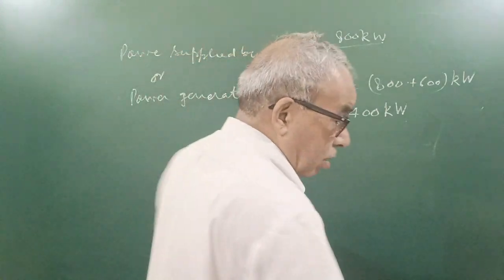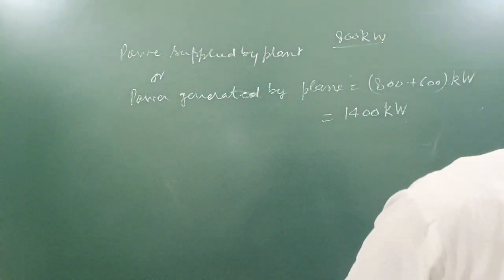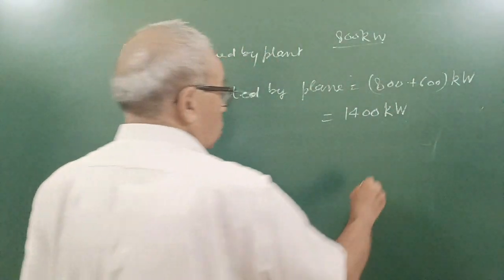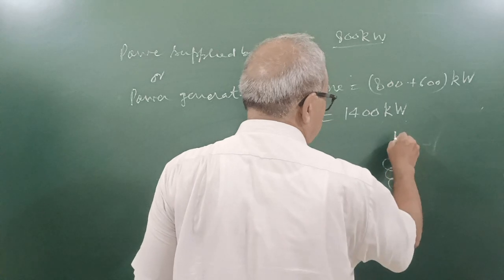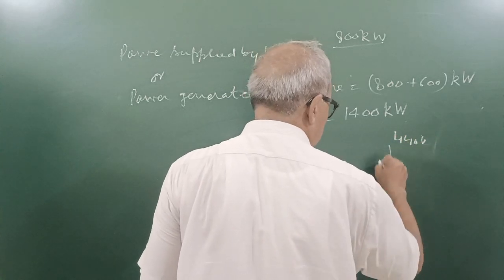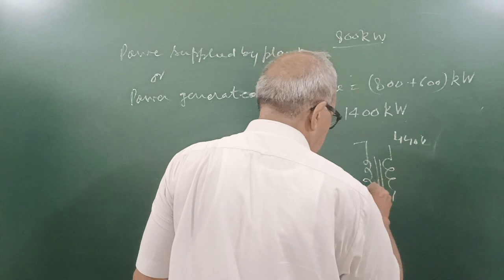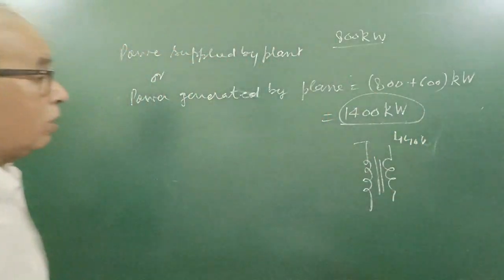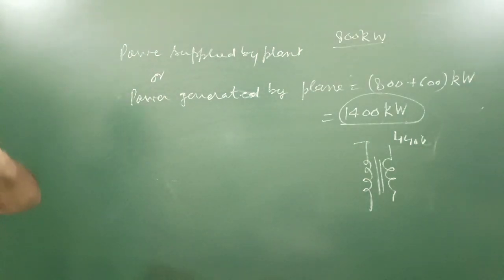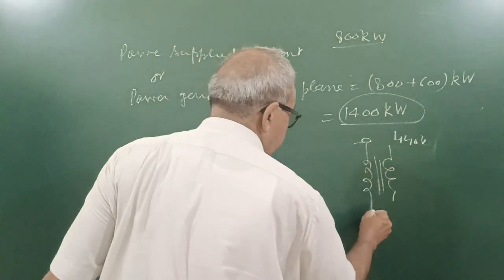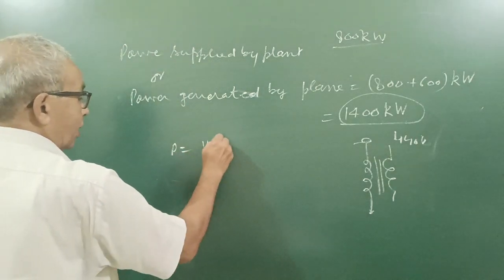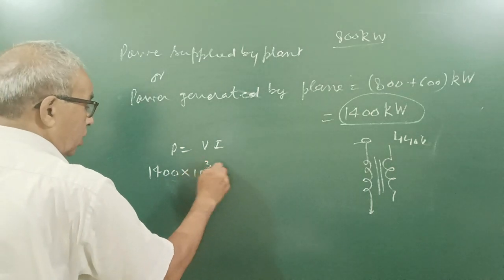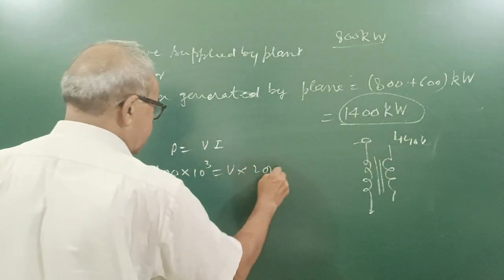And then you are asked here, characterize the state of transformer at plant. The plant that was generating at 440 volt. You are asked here the voltage here, because power generated is 1400 kilowatt. So 1400 kilowatt here, power is equal to V into I again, 1400 into 10 to the power 3, I is 200.